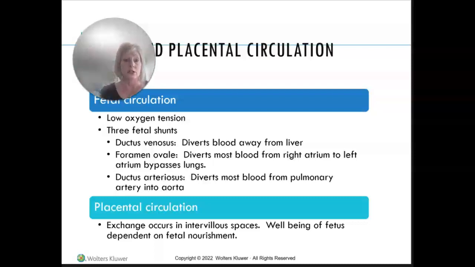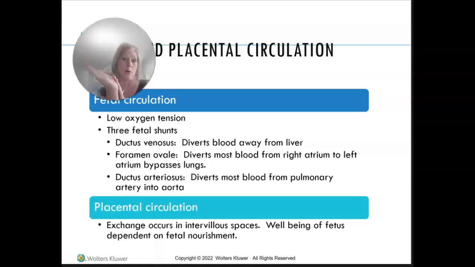Then we have this thing called the ductus arteriosus. When the blood comes into the right atrium, goes to the right ventricle, it shoots through the pulmonary artery.